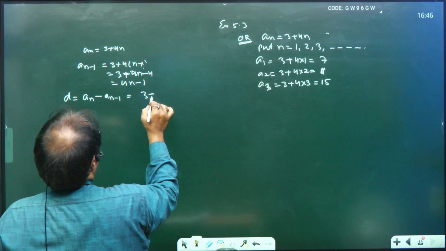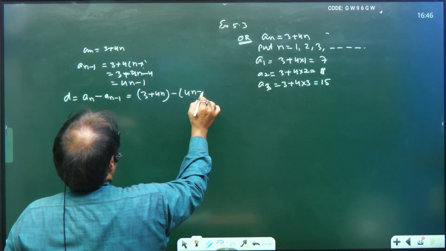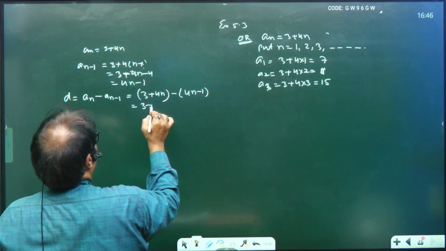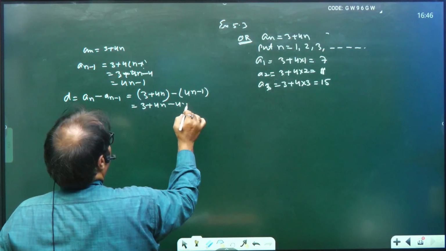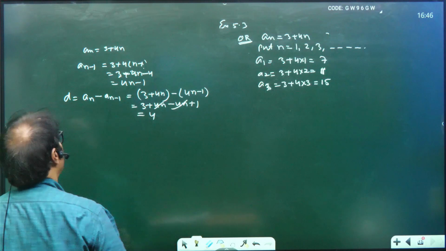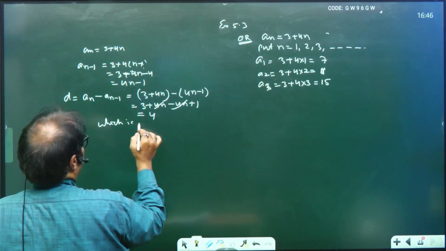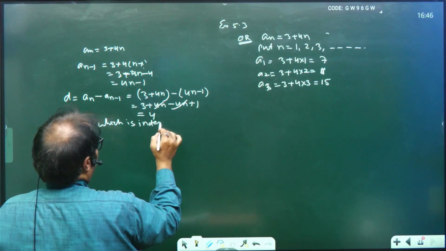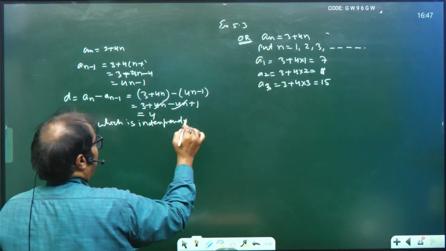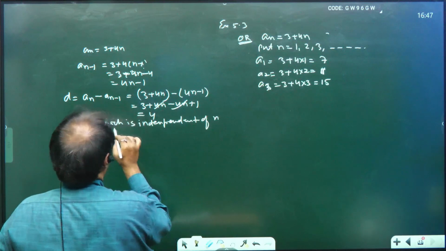So an is 3 plus 4n, and an minus 1 is 4n minus 1. So 3 plus 4n minus 4n plus 1, so this will be cancelled. So 3 plus 1, 4, which is independent of n. So hence it is in AP.